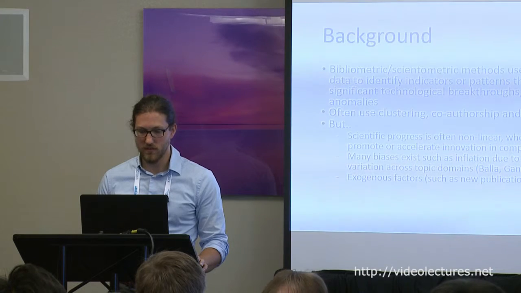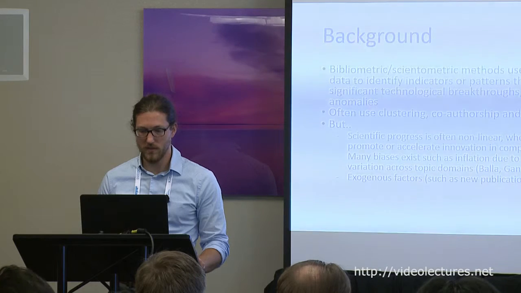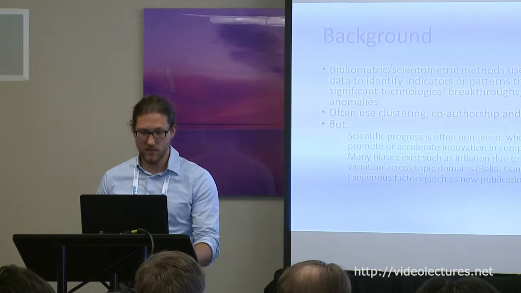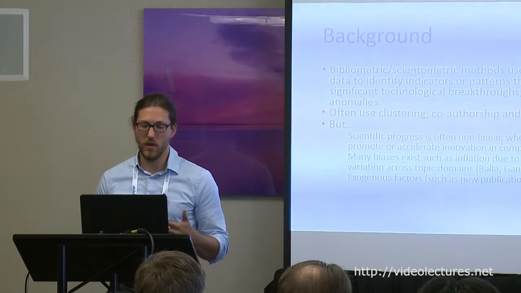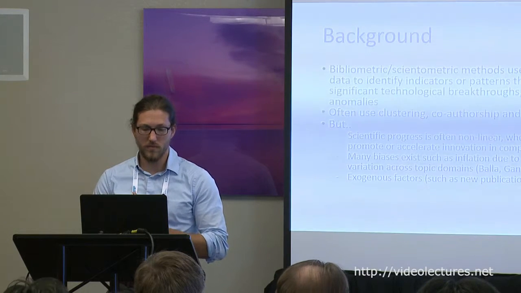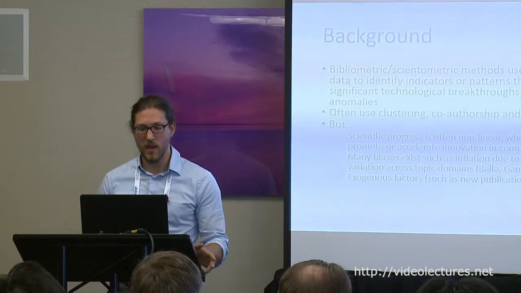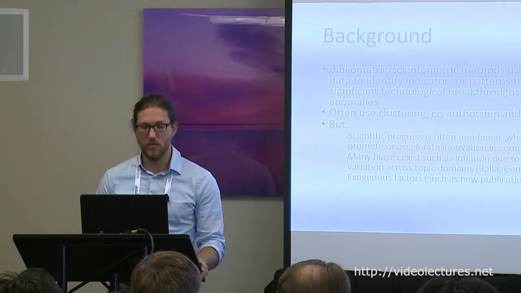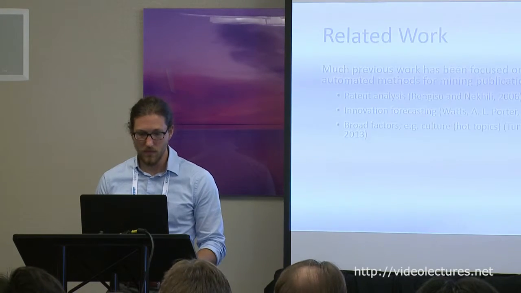Self-citation and institutional bias are just a couple of the possible biases here. Finally, exogenous factors such as a new publication venue coming forth may affect our models. For this particular problem, we're focusing on specific conferences, so this doesn't come into play. But for the more general problem of ranking affiliations, this needs to be considered.